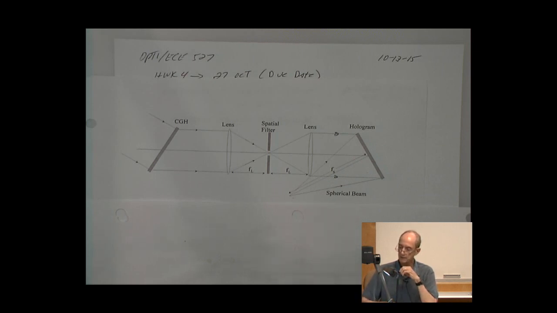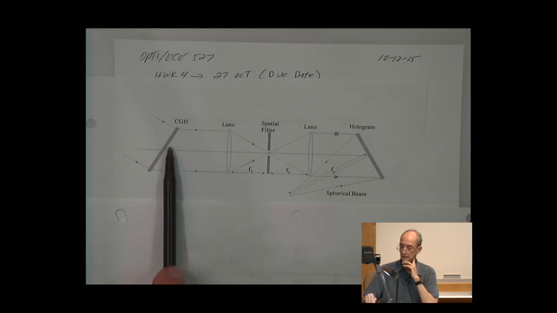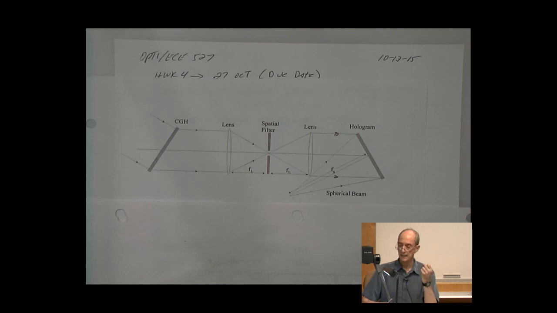To do that, we pre-aberrated the reference beam here. You can see the computer-generated hologram had in it the correct formation of a quadratic phase function that will give us a wider field of view with good imagery.